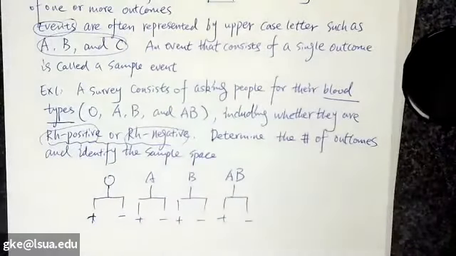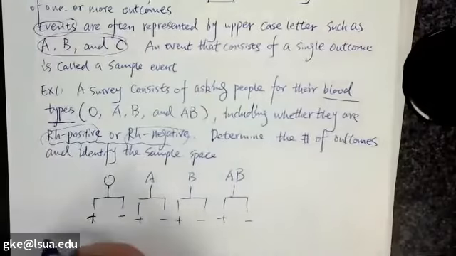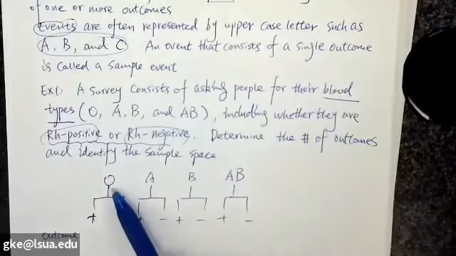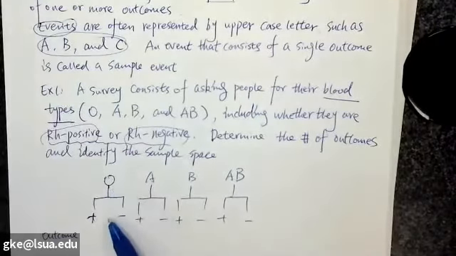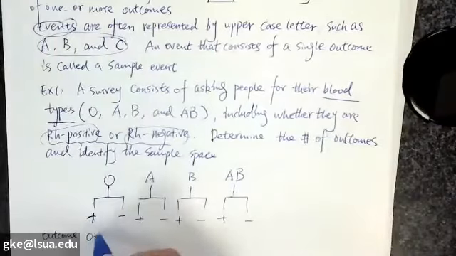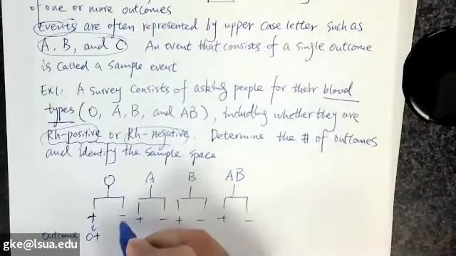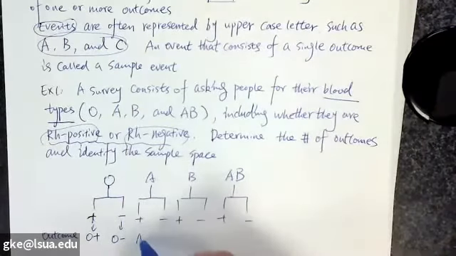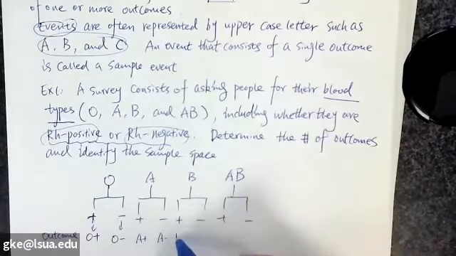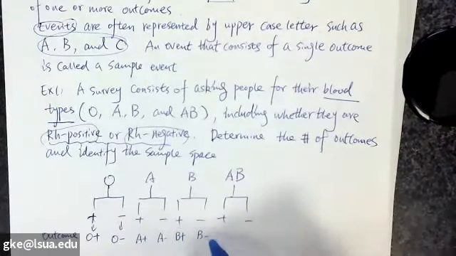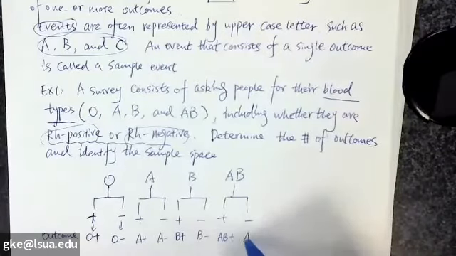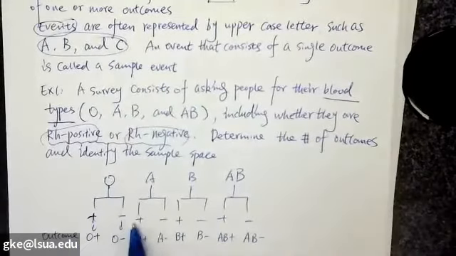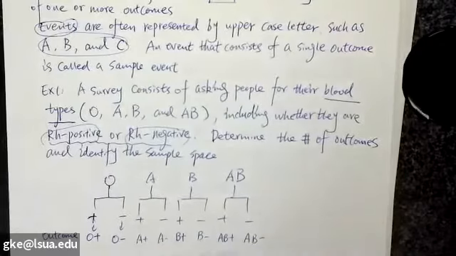Okay, so now the outcomes. For each branch, we have an outcome. For O type blood, we have O plus and O minus. And here is A plus, A minus, B plus, B minus, AB plus, AB minus. These are the outcomes.